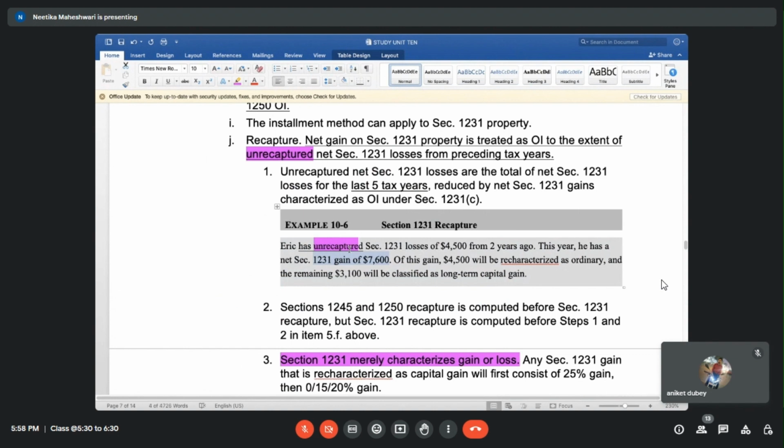You've already had full advantage. So now when you're having a gain, make sure that whatever losses were there in prior years are considered as ordinary income. Obviously, whenever we say ordinary, the tax paid will be higher on this amount, and the remaining can be classified as long-term capital gain.